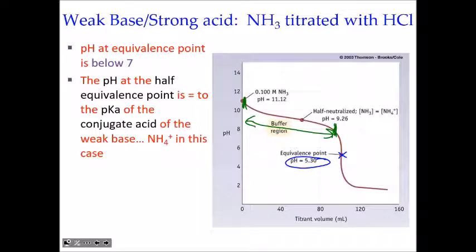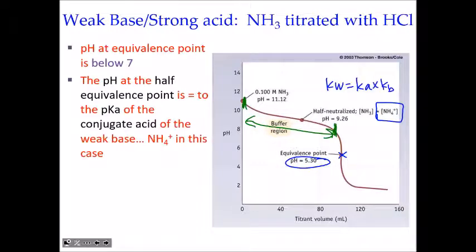So we'll be looking at the conjugate acid, its Ka value, and a lot of times when you have a base problem, they're going to give you the Kb. So what would you do in order to find the Ka? You would want to use your Kw equals the Ka times Kb relationship, where Kw is 1 times 10 to the negative 14.